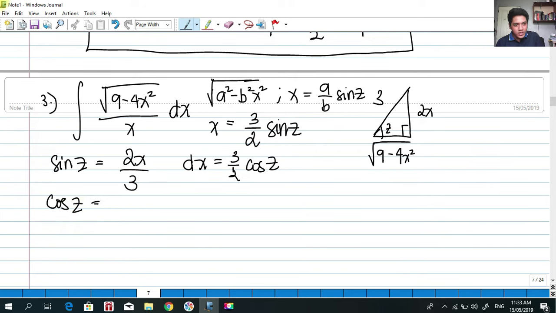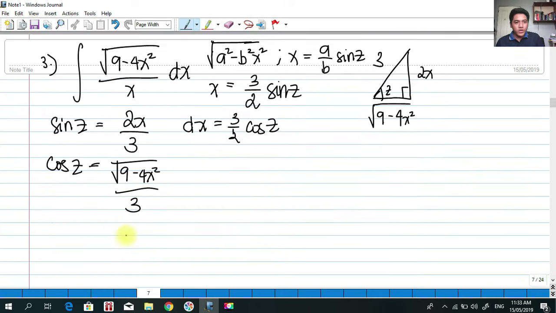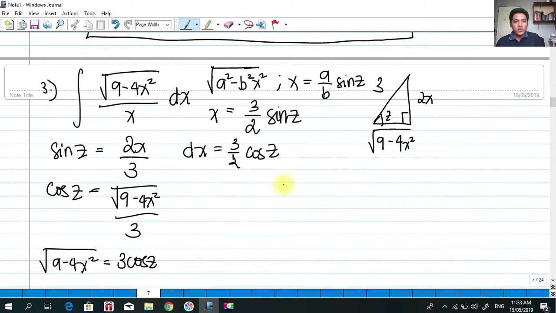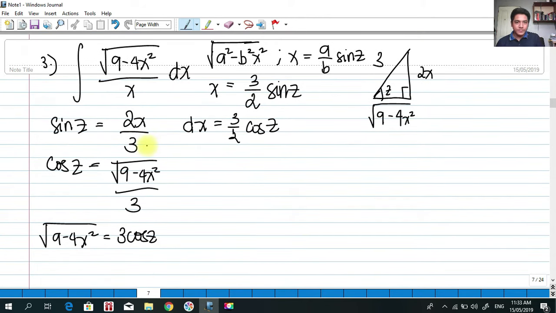So for us to be consistent, cosine z is adjacent over hypotenuse. So the adjacent side of z is the square root of 9 minus 4x squared over the hypotenuse, which is 3. So the square root of 9 minus 4x squared is simply equal to 3 cosine of z. And now, we can substitute it to our integral.